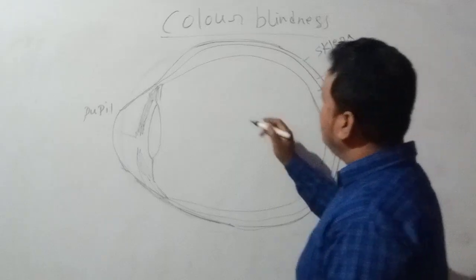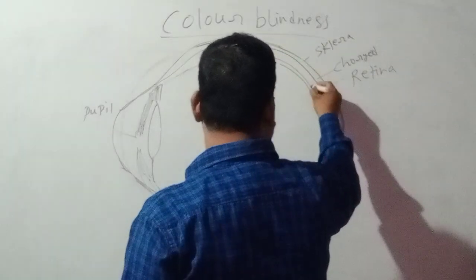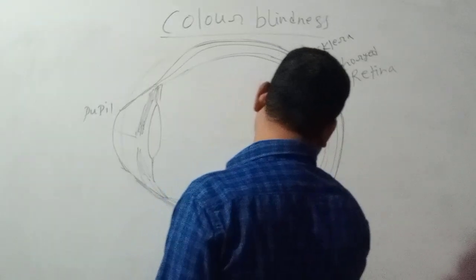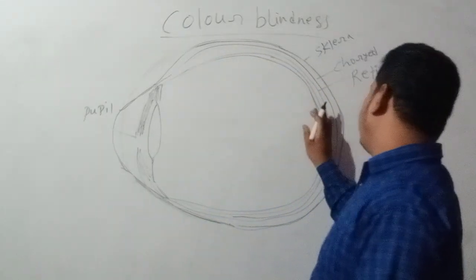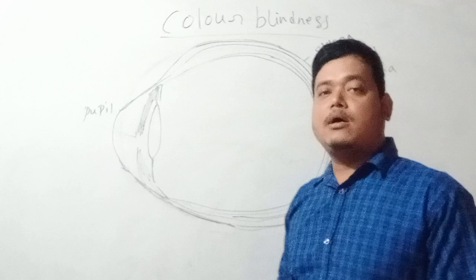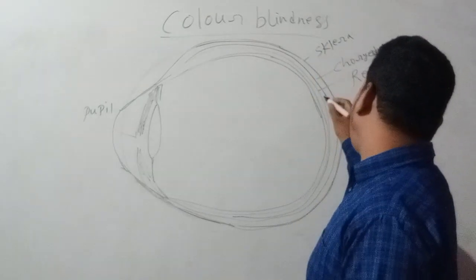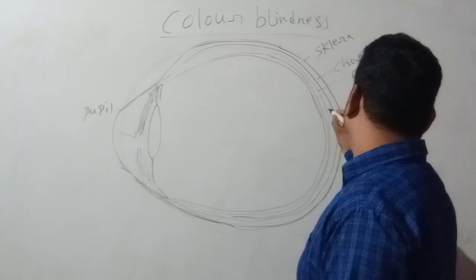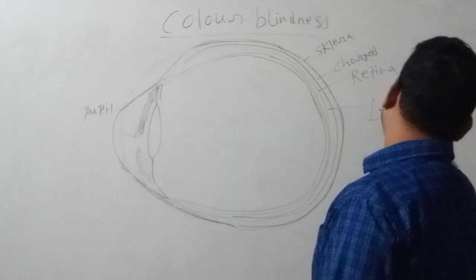The retina is actually a nerve cell layer. It is full of nerve cells, and it has three layers. First, the innermost layer is called the ganglionic layer, then the bipolar layer, and the outermost part, this part, is called the light reactor area.